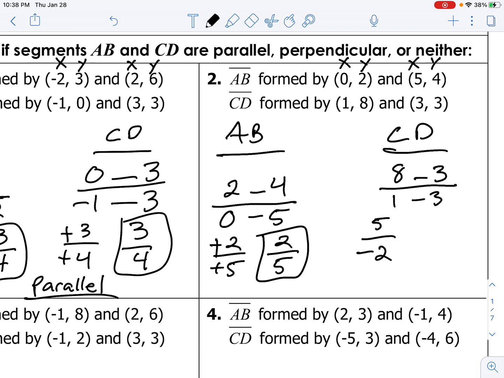The negative is going to move to the top, so -5 over 2, and that's our answer. If you look at it, we've got positive 2 over 5, negative 5 over 2, and you can clearly see that they are opposite and flipped over, so that is going to be perpendicular.